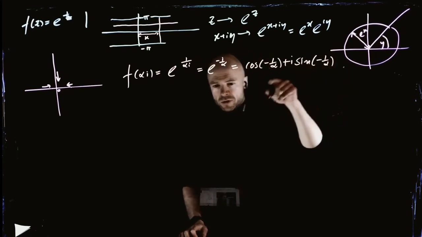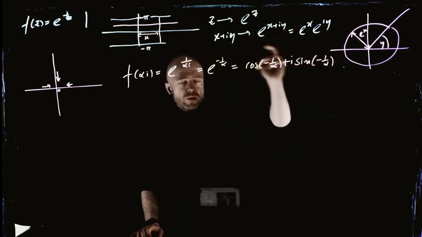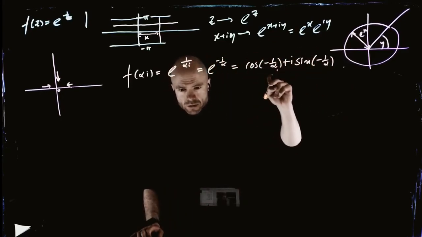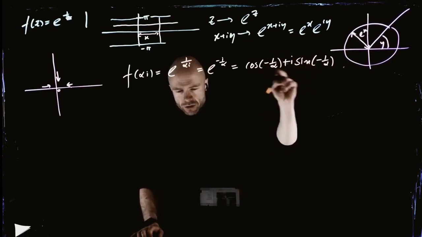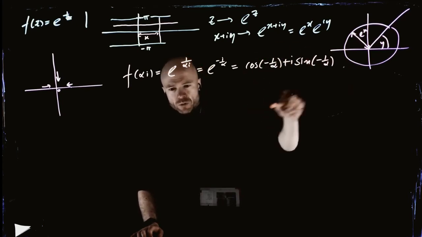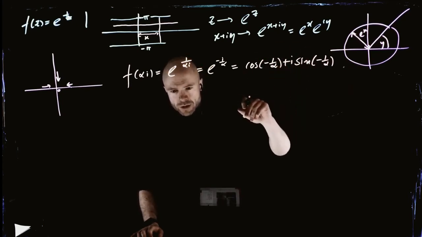So as we go down towards 0 with alpha, this thing is rotating round and round. And it actually rotates round faster and faster and faster. We're going to do infinitely many times rotating around as alpha goes to 0. Do you see what I mean?